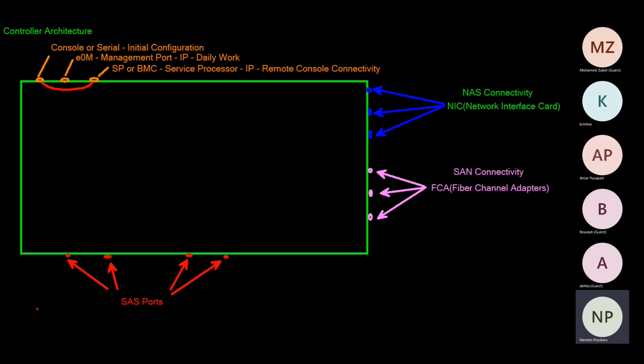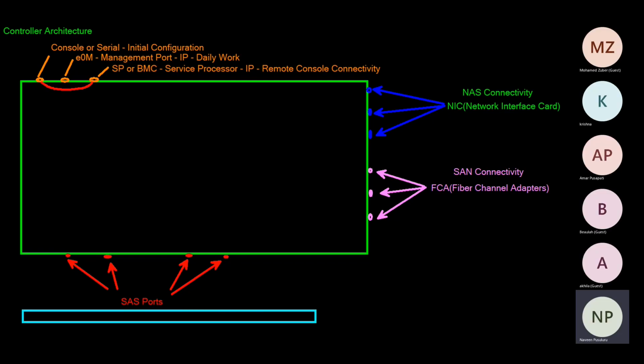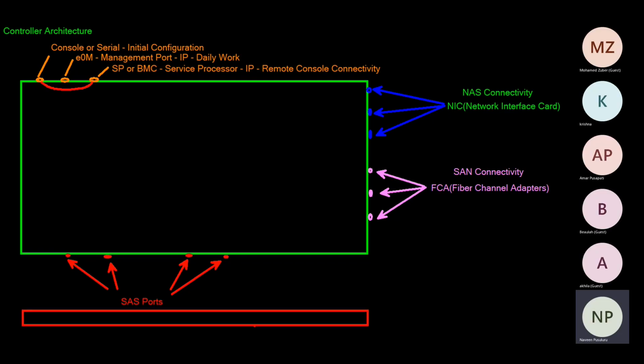So, what is the purpose of these SAS ports? I told you, right? In the back end of our storage, disk shells will be connected to the controllers. How do disk shells get connected to the controller? Via SAS ports only. With the help of SAS ports, the disk shells and disks will be connected to the controller.